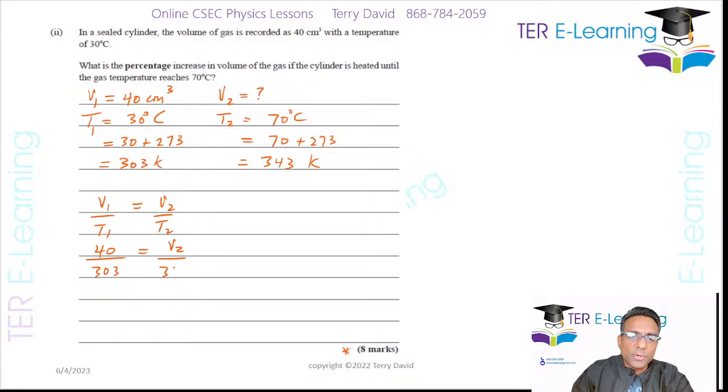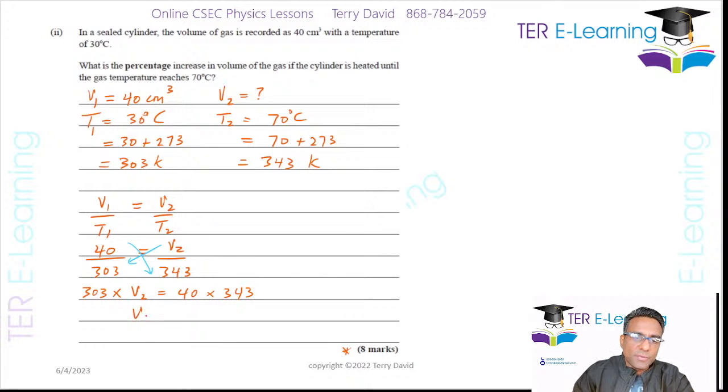Now, I've seen students struggle with simple calculations like this right in front of me. All you need to do here, guys, is cross multiply. This by this is equal to this by this. So we're going to write 303 multiplied by V2 is equal to 40 multiplied by 343.